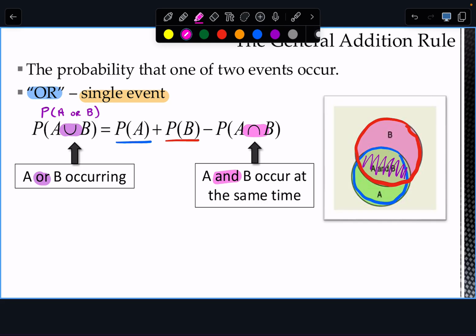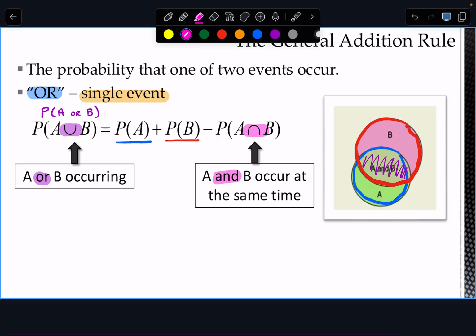So the probability of A and B is the intersection of the two events. When I'm looking at this formula, the A plus B should be pretty intuitive. But if I'm not mutually exclusive, then I have to understand that I've now double counted some of my outcomes. Anything that's in both gets counted twice, so I subtract one set back out.